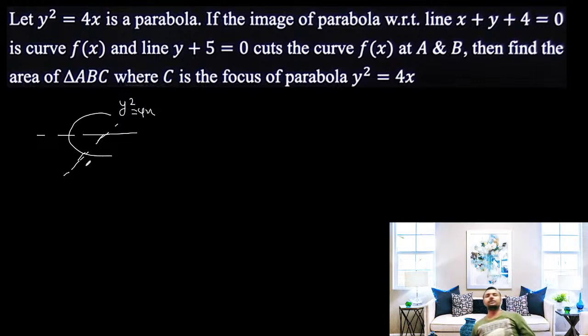Okay, so in the parabola what do we want? Focus we want. This is 1 comma 0. And the directrix, this point will get reflected at this point, isn't it?